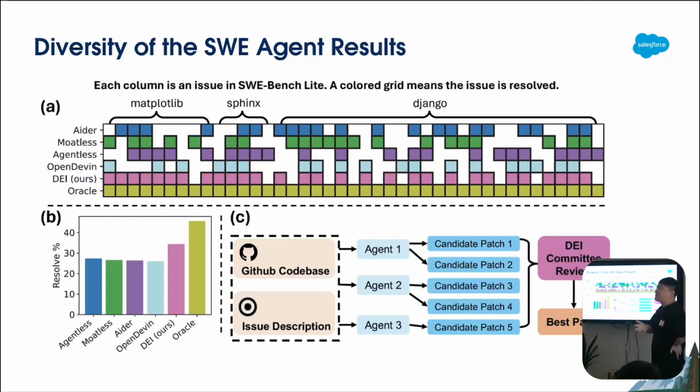So we found two kinds of diversity for those three agents here. One is that different agents, although they follow the same design architecture, are very diverse in terms of their solved patches. Second is internal diversity: different runs generate different patches, and those patches solve different GitHub issues.